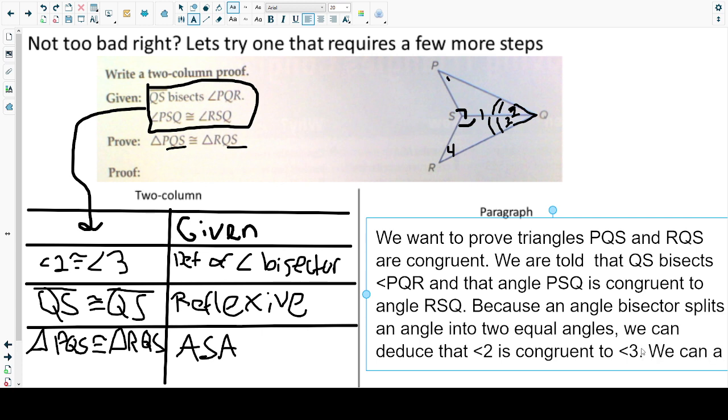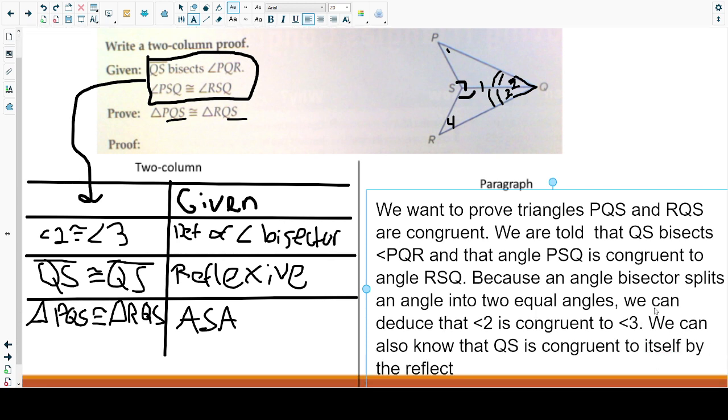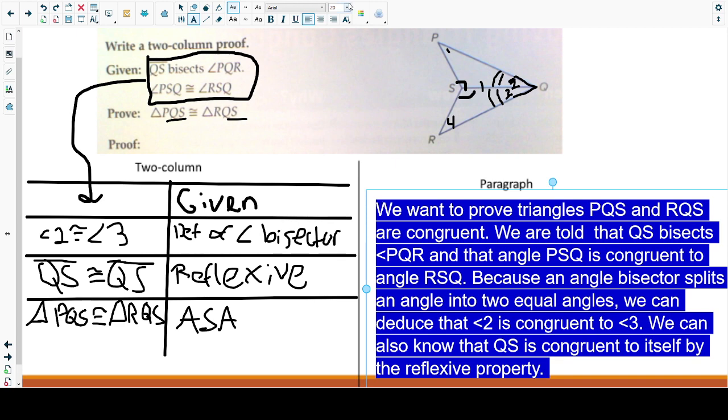We can also know, again, deduce, know, those are good words to use to transition from statement to statement, that QS is congruent to itself by the reflexive property. Let me see if I can make this font a little bit smaller so I can fit it all in here.